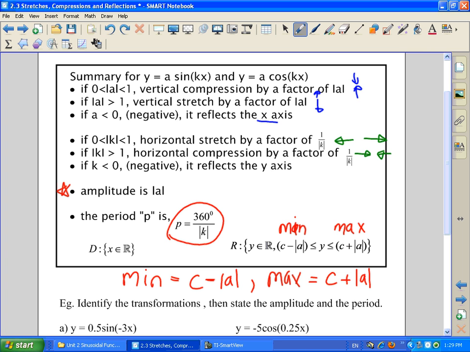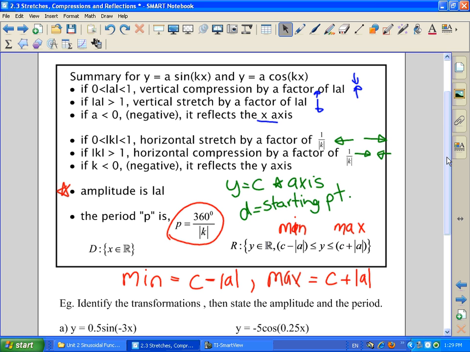C we discussed yesterday: y equals C is your axis of symmetry, or equation of the axis, and the other thing we learned was that D is the starting point. So now we've got them all taken care of.